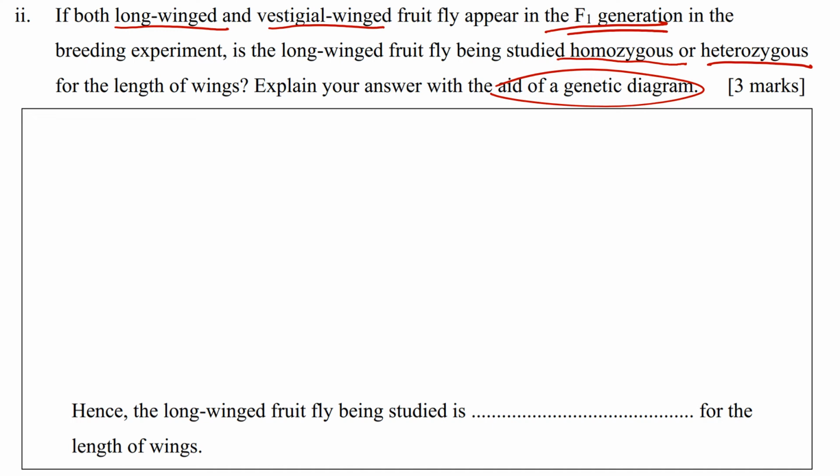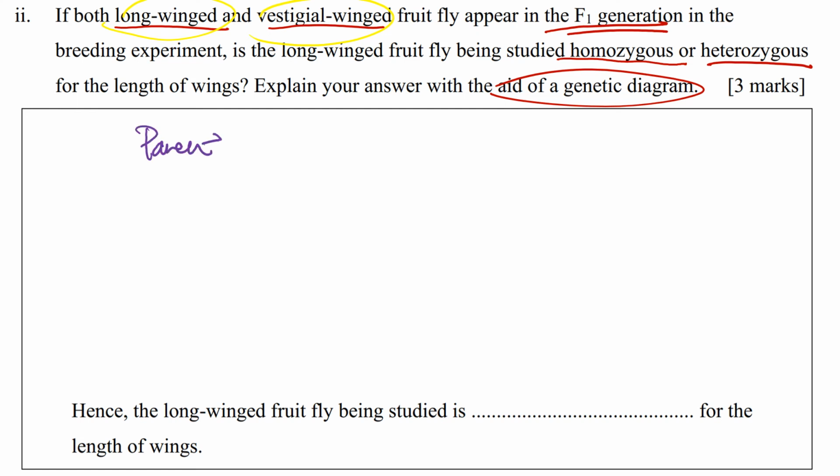Case 2, heterozygous after test cross, gives 2 types of offspring. Now, in this question, which case are we talking about? It should be case 2, right? You have 2 types of offspring coming out. Both the long and the vestigial wing flies come out after the test cross. Therefore, you have to answer with case 2.